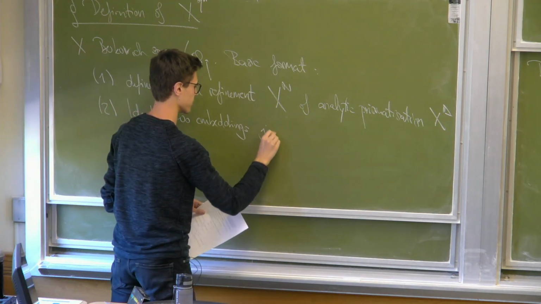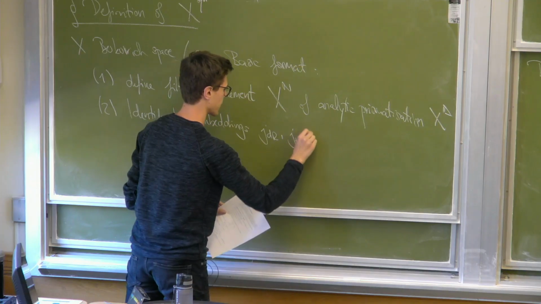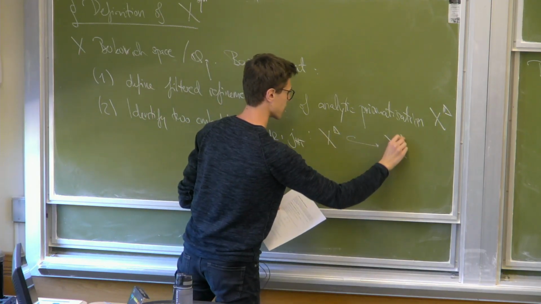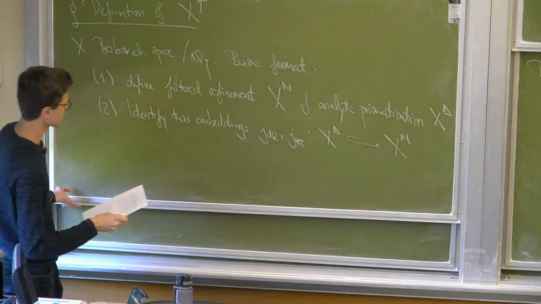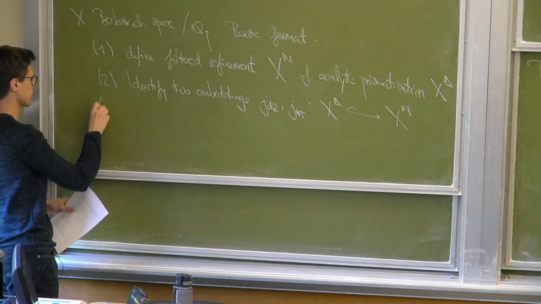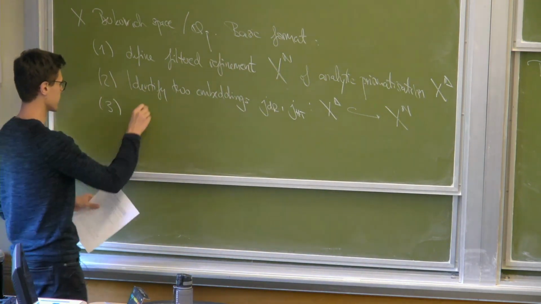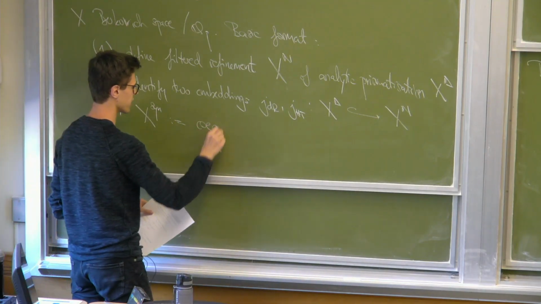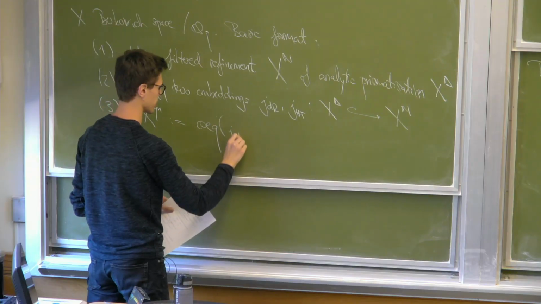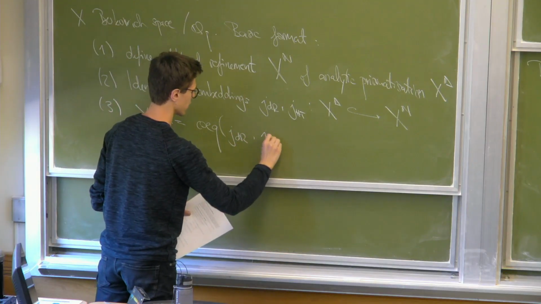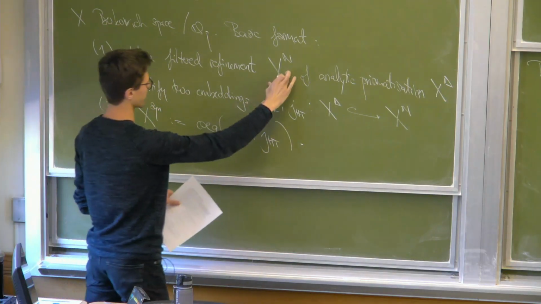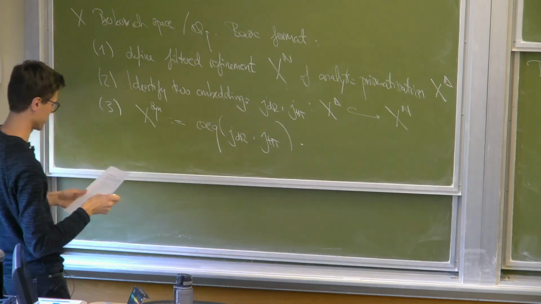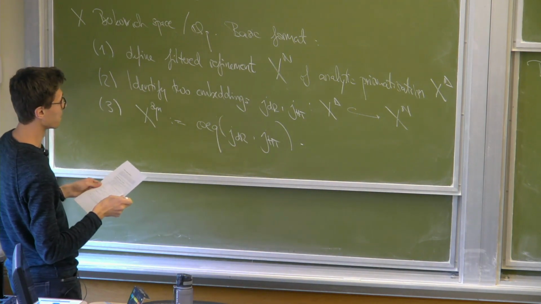These are usually denoted j_dR and j_HT, Hodge-Tate. And in the end, the syntomification will be the co-equalizer of these two maps, meaning that we take this filtered prismatization and glue the two copies of the prismatization sitting inside it. Okay.